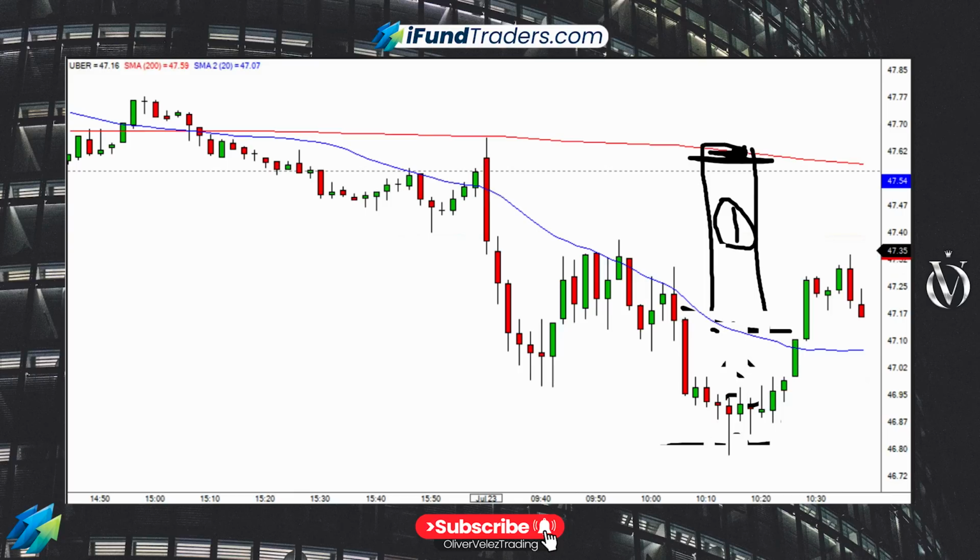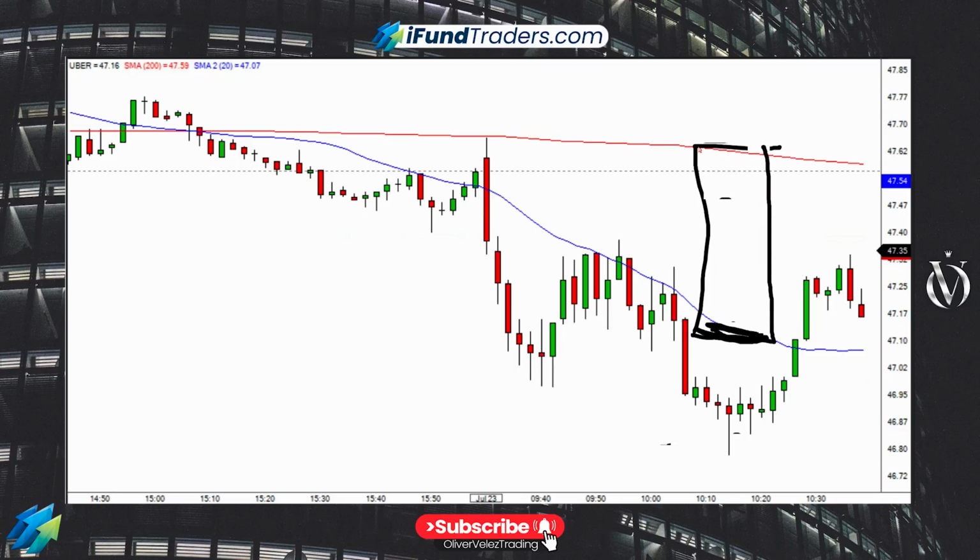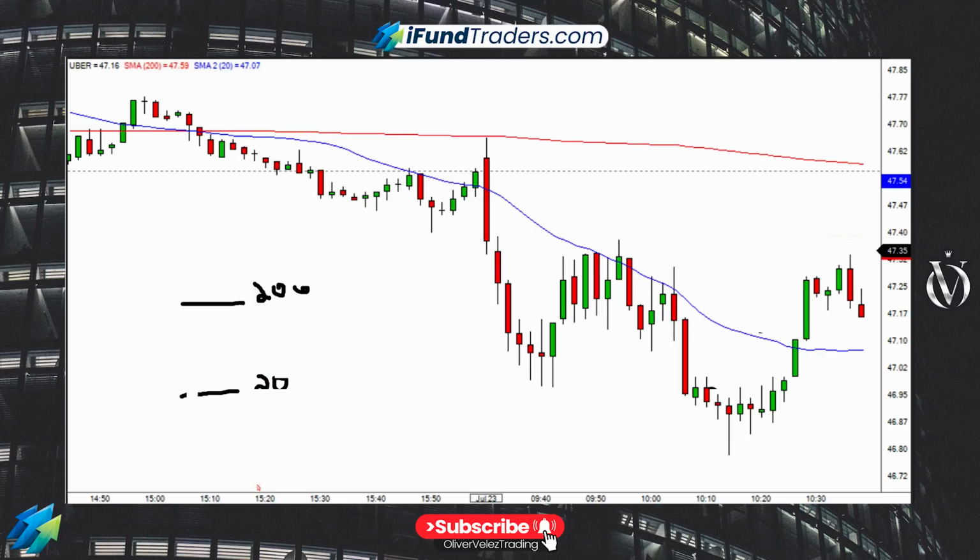If your stock is here right along the 20, you only have 1 layer of space. All right? But if your stock is decently far from the 20, you have 2 layers of space. So the dual layer space goes like this: 200, right? The 20 is also separated from the 200, and the stock is separated from the 20. So you have these dual layers of space.